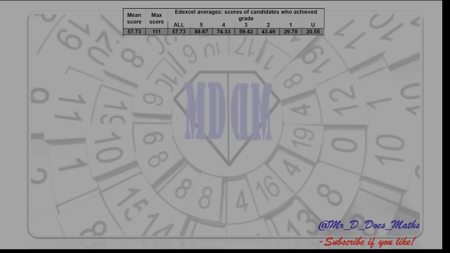Based on the past students that sat that, you've got a mean score there. And then that gives you rough grade boundaries. So you were looking at really 89 marks to get a grade 5, 75 for a 4, sort of 60 for a 3, 44 for a 2, and roughly 30 marks for a grade 1, which is quite useful.